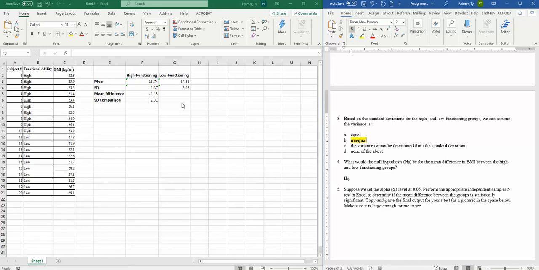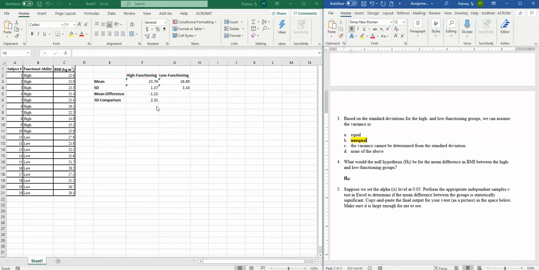But again, in my particular video that I'm showing here, the variance is unequal, because this value here is greater than 2. Again, it could be different for your data. So make sure to do the appropriate steps as I've shown you here. But if your standard deviation comparison is less than 2, then that's an indication that the variance is equal between the two groups.